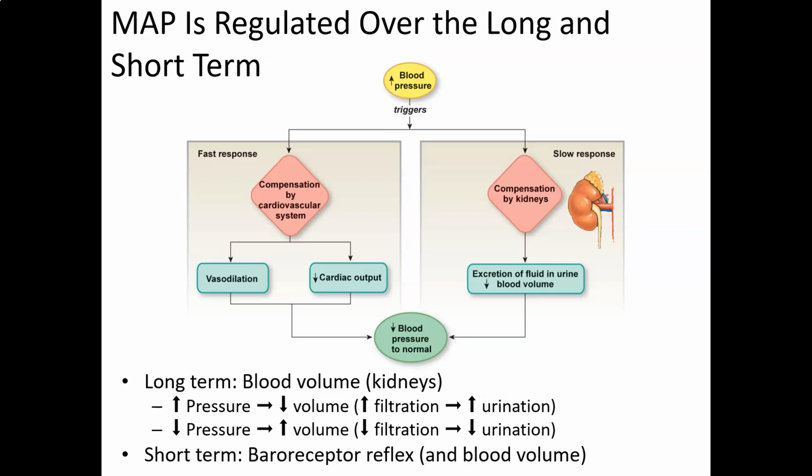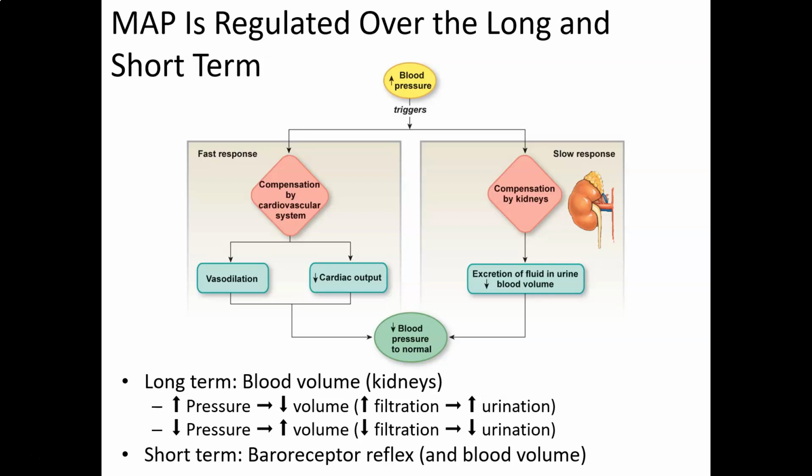A diuretic is a drug that makes somebody go pee. If it increases the urination, that's going to decrease the blood volume. If you have less volume in your vessels, that's going to have less pressure, and that's going to decrease blood pressure overall. So the long-term regulator of mean arterial pressure is blood volume through the kidneys.